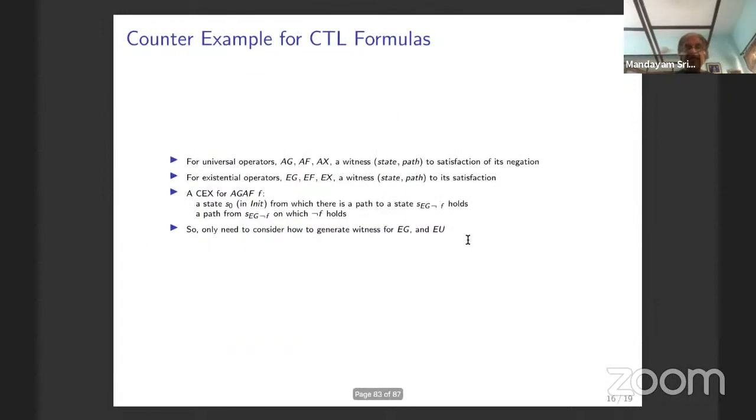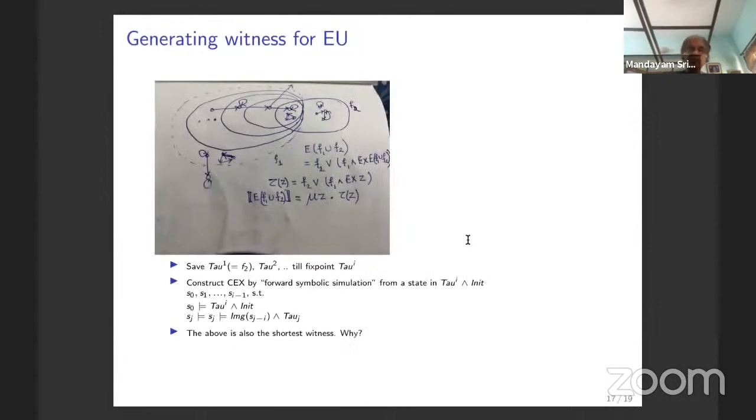This can be done in general by saving intermediate results, which are formulas, during your fixed point computation, and then using the saved results to trace back.